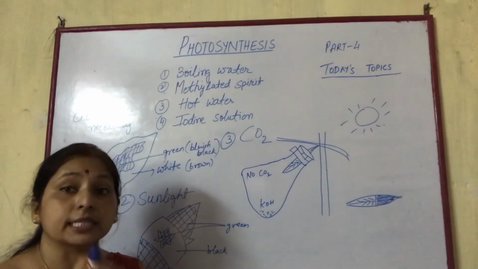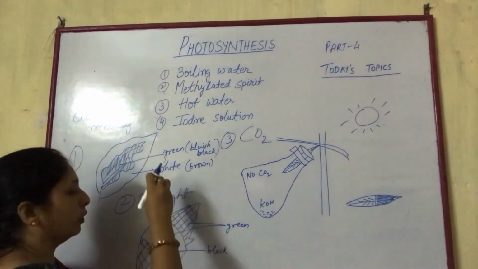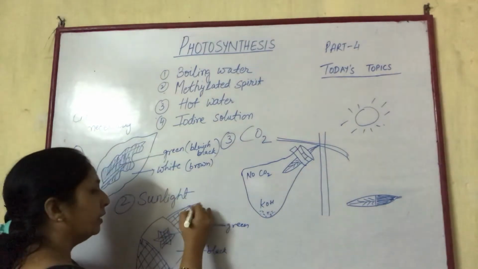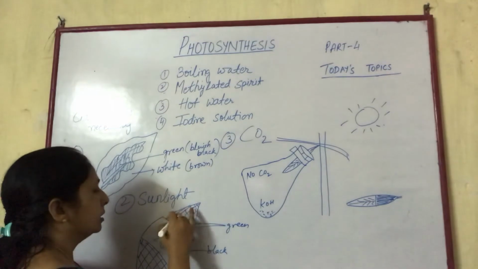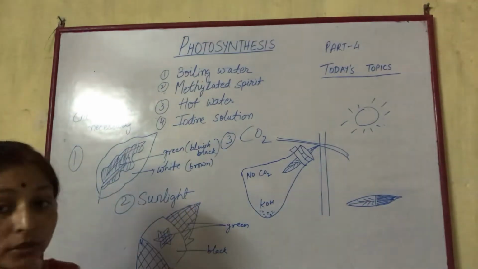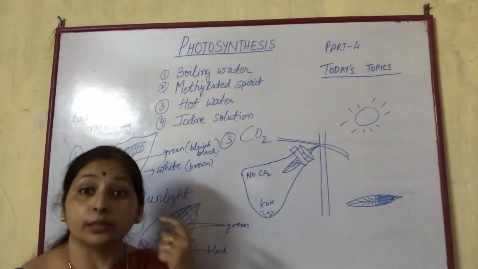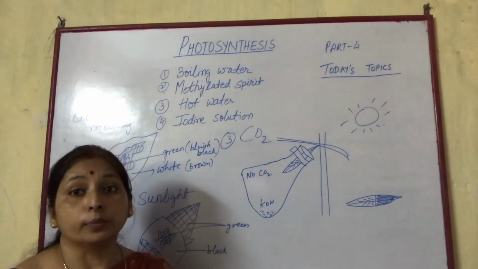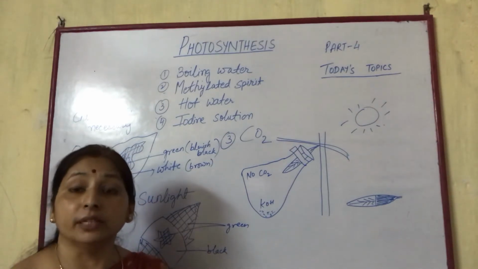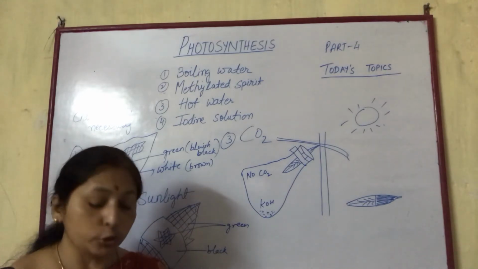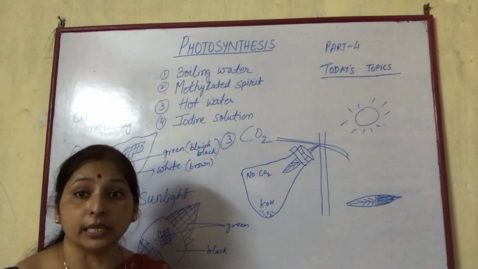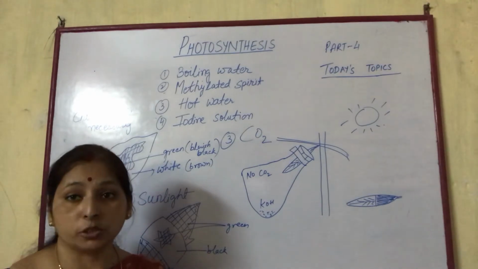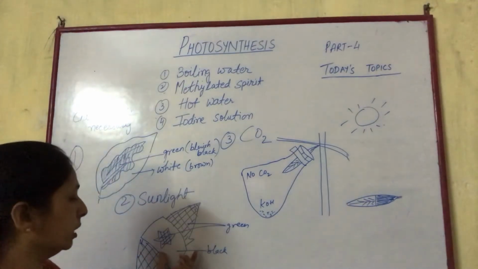It proves that sunlight is necessary. The areas where sunlight falls show the presence of starch, so photosynthesis takes place, while the portions covered with the black strip, due to unavailability of sunlight, show no photosynthesis, or no starch zones, with brown coloration.